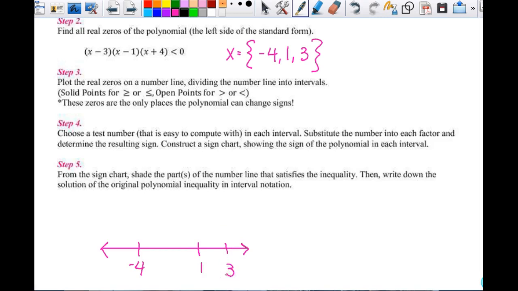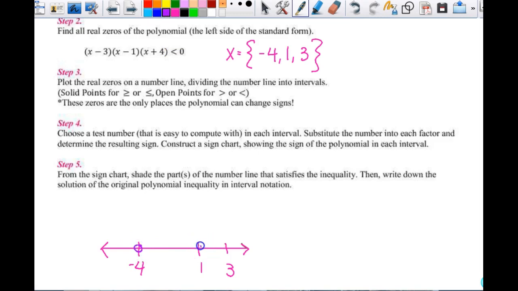All right, and I'm going to plot them on there, and it says dividing the number line into intervals, so I've made where the numbers are, but then even though this is less than 0, it could be any of the 4 inequalities that you're used to, and these are the only places where it can change signs. Since this is less than 0, that means these are going to be open circles.